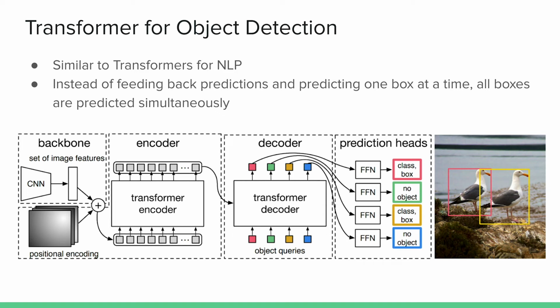So the number of objects that we're able to predict is equivalent to the number of object queries that we feed into our transformer. The encoder basically just learns to extract interesting features and learn where to look in the image with the attention mechanism.